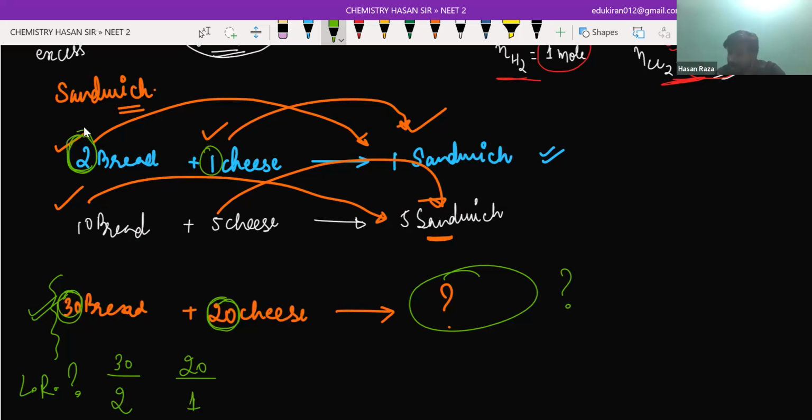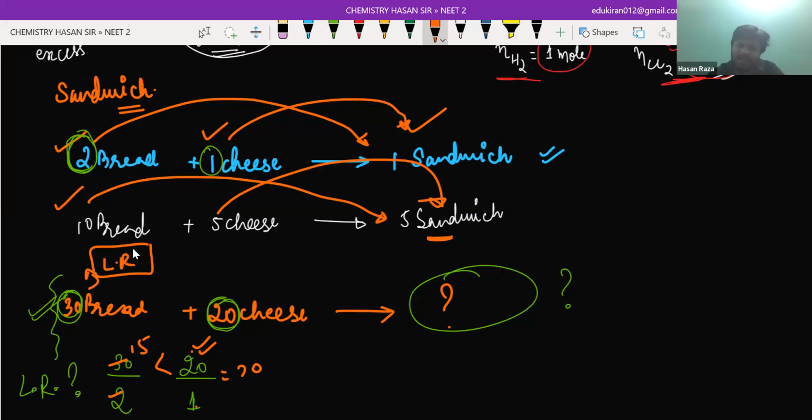The one which is lesser in this ratio will be your limiting reagent. You can see 20/1 is 20, and here it will be 15. So basically this ratio is greater than this, so the lesser one will be your limiting reagent.